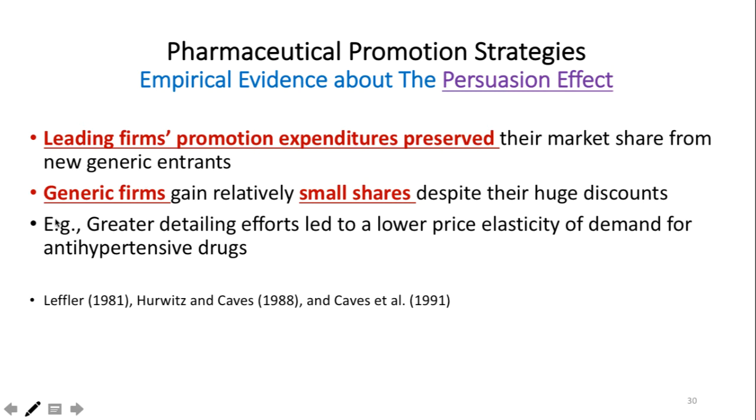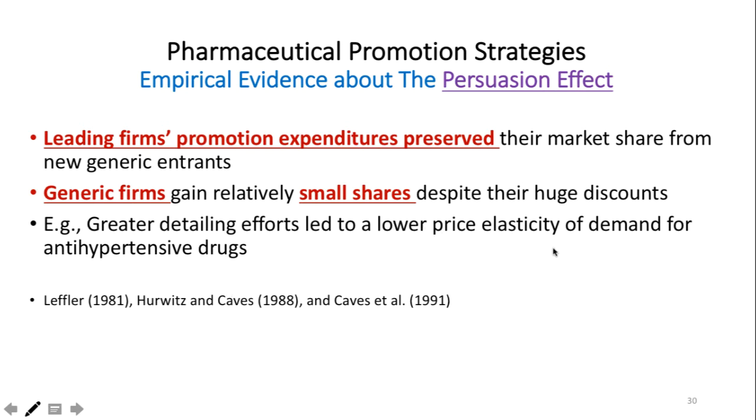And so basically, the empirical evidence shows that greater detailing efforts lead to lower price elasticity of demand for anti-hypertensive drugs, for example.